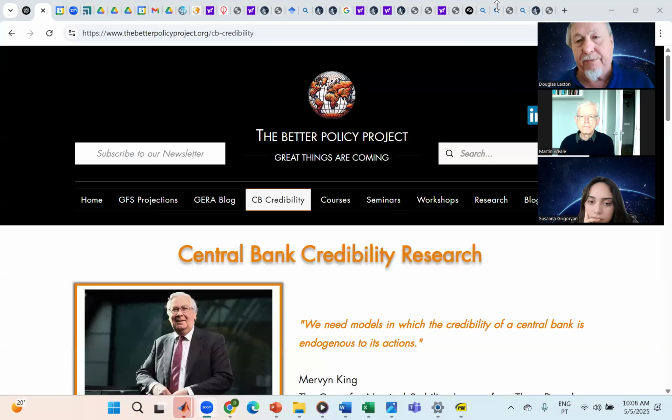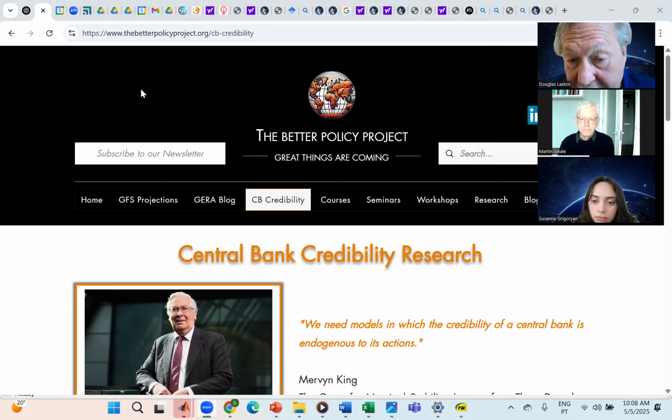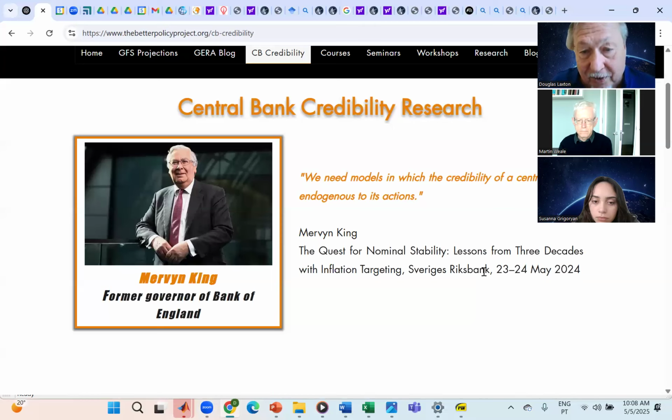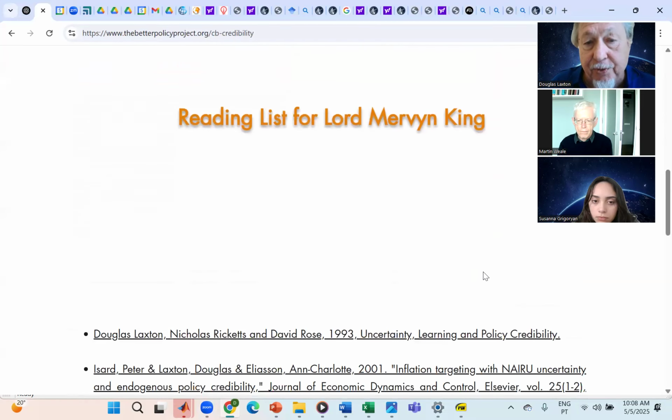Yeah. In fact, Mervyn King went on to say at a Riksbank conference, the exact quote, "We need models in which the credibility of a central bank is endogenous to its actions," and so on, right? And he didn't seem to be aware. This also seems to be an issue of all the work that has gone on.